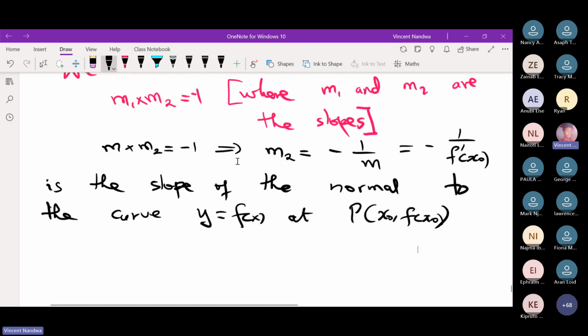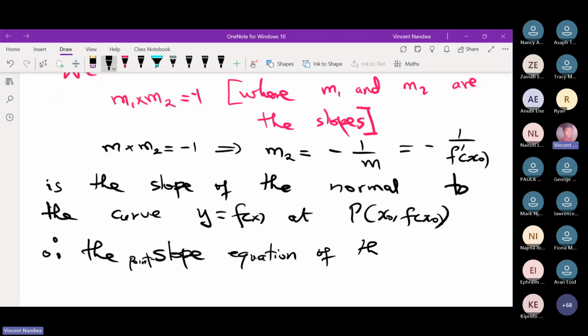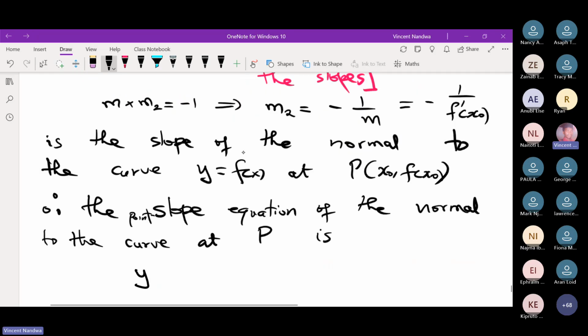So therefore, we can say the point slope equation of the normal to the curve at P is y minus f of x naught equals -1 over f prime at x naught, times x minus x naught.